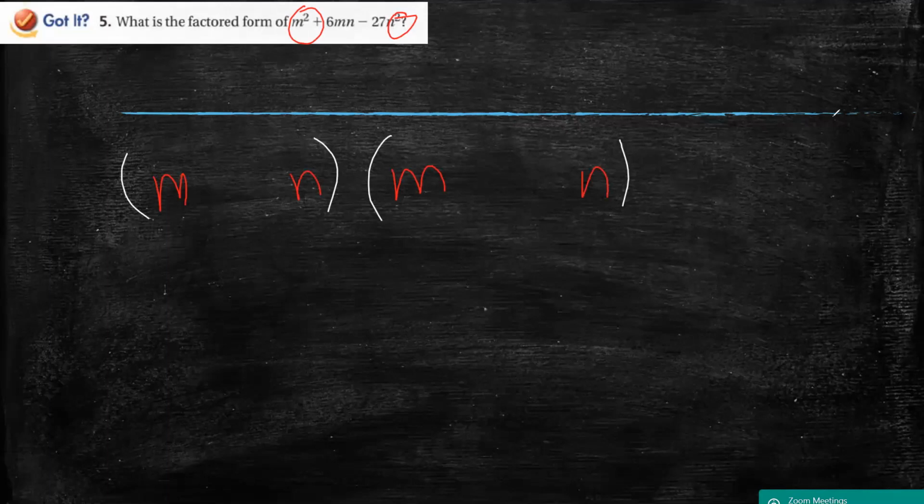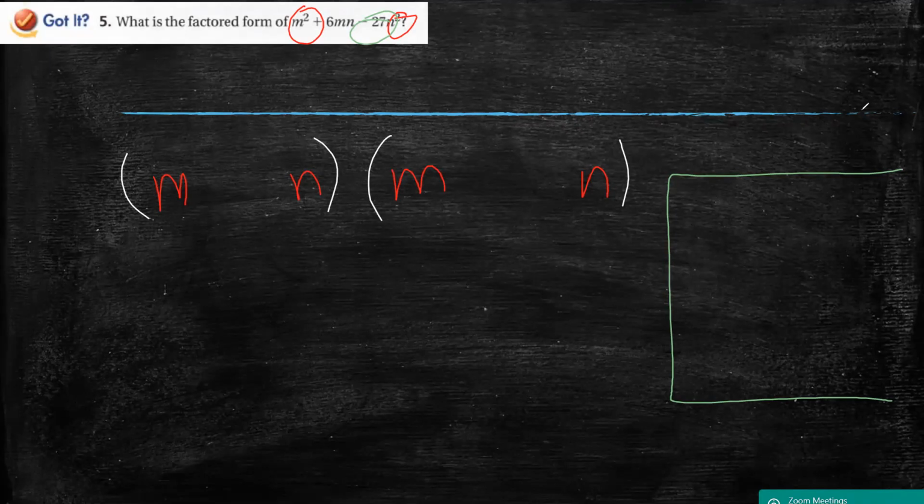Then the second step. Look at negative 27. I will make a table here. We have negative 27. So what is the sign of C? It's negative. So should the signs be the same or different? Different. One is negative and one is positive.